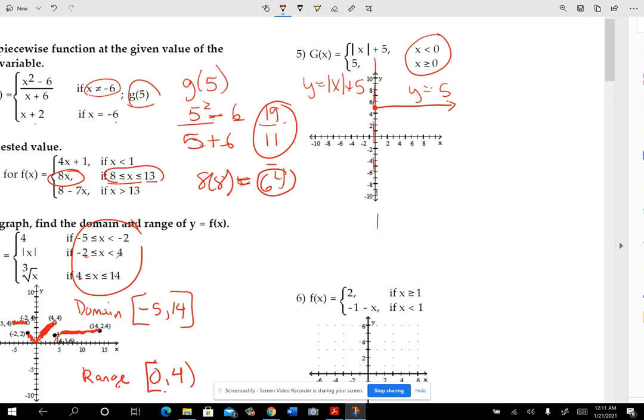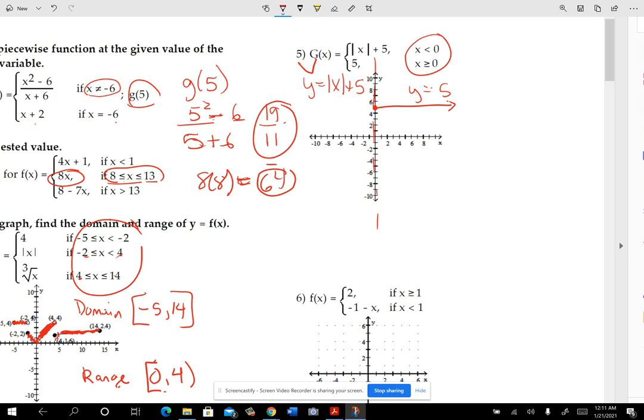Then here, what I know is I should have a v. And it turns out that the v would have happened right there at 5, like your absolute value would have just moved up to be right there at 5. Okay, so what you can do on this is, you're using that when you're to the left of the y-axis.